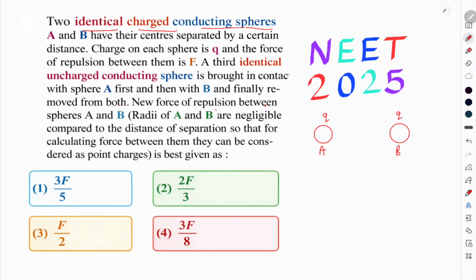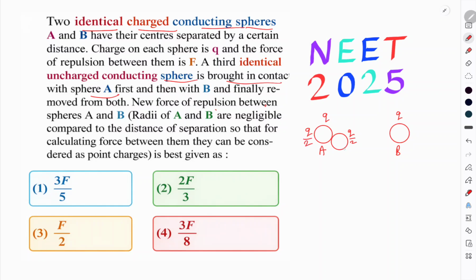Now the third uncharged sphere is brought in contact with A. So the charge on A and on this one will be q by 2, and here also it is q by 2.